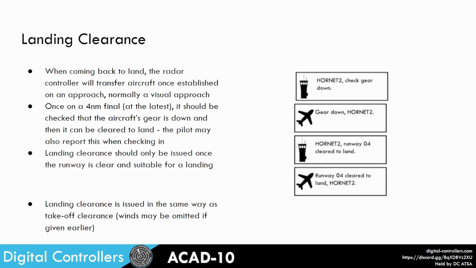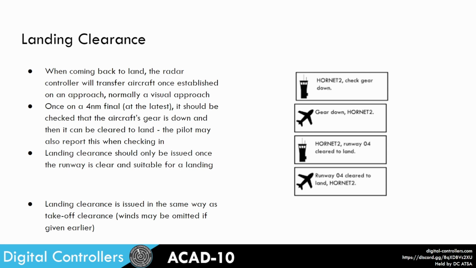So once aircraft are coming back to land, the radar controller will transfer aircraft once they are established on an approach, which can be either a visual approach or an instrument approach. Then at least at 4 nautical miles, you should check that the aircraft's gear is down, at which point it can be cleared to land.